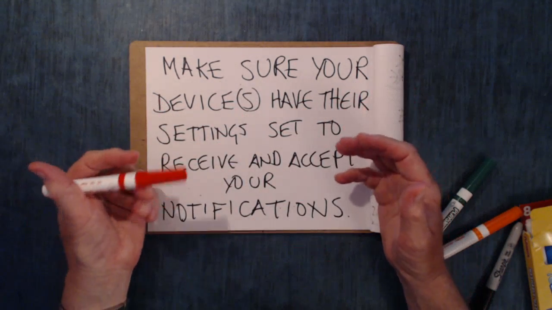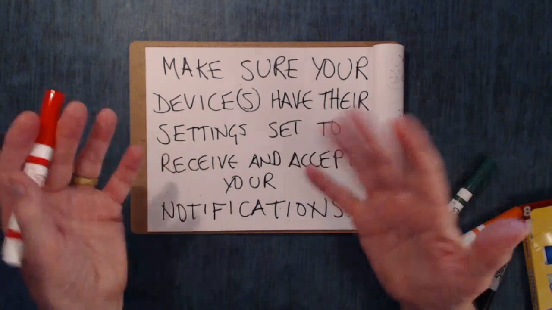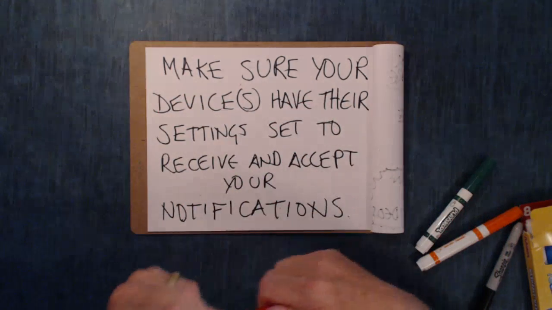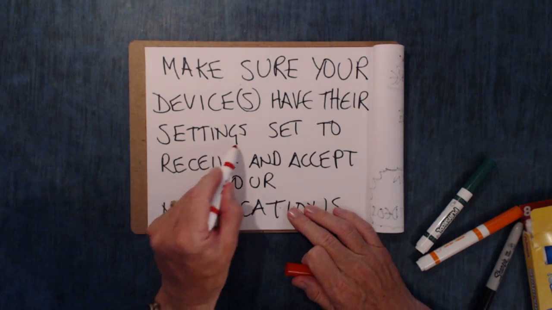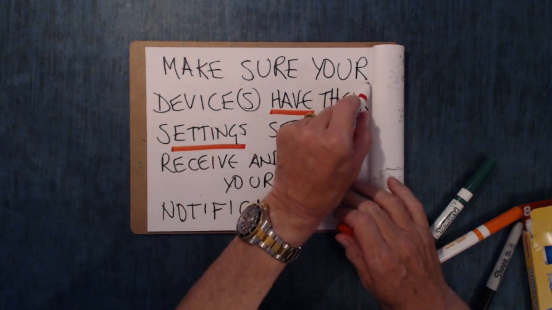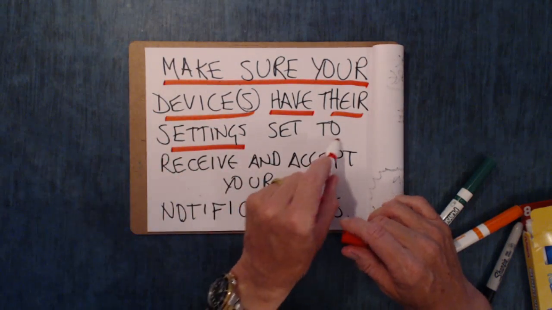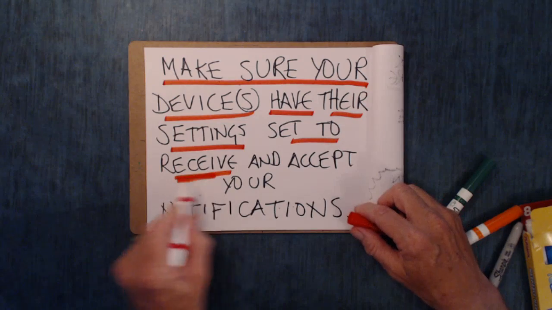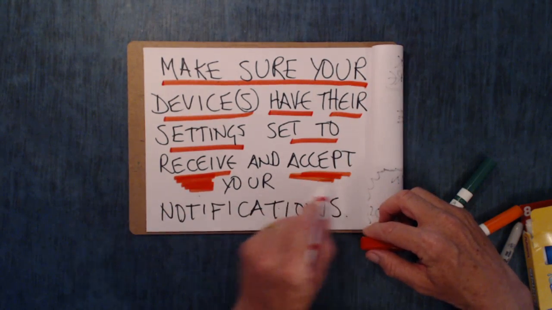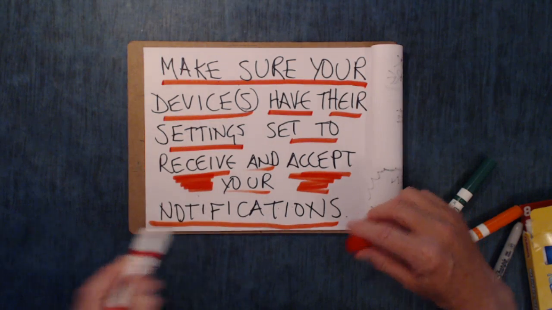The vast number of people watch this channel through their smartphone, iPhone, whatever it is. You have to have your settings. Make sure, I'm going to put red under the whole thing: receive and accept your notifications, okay?